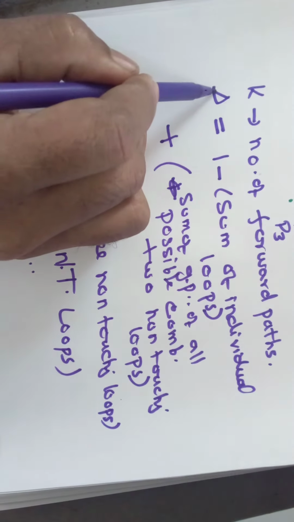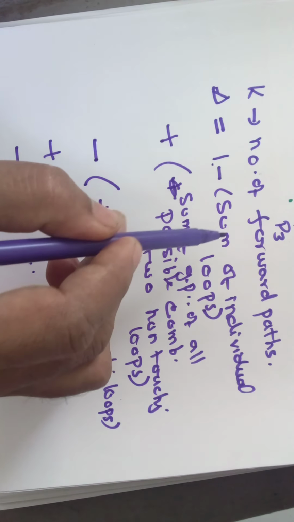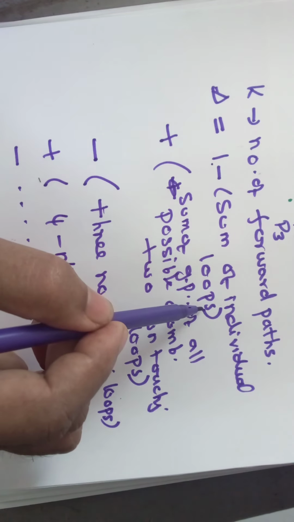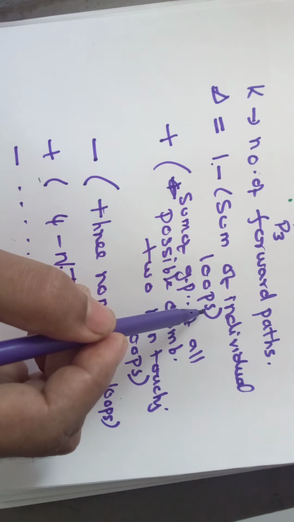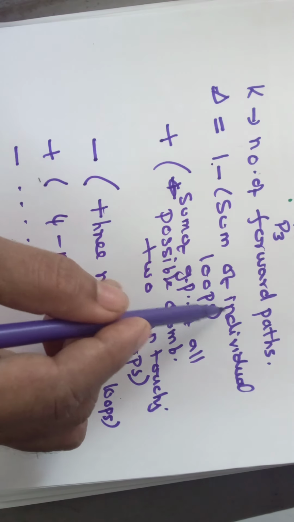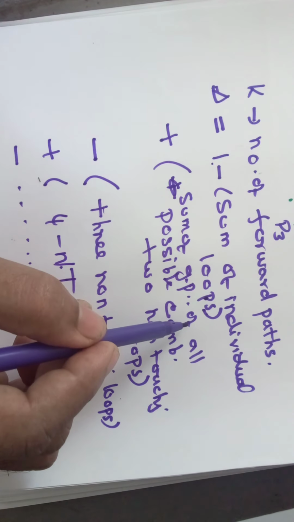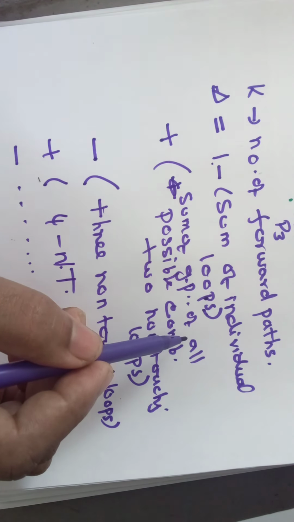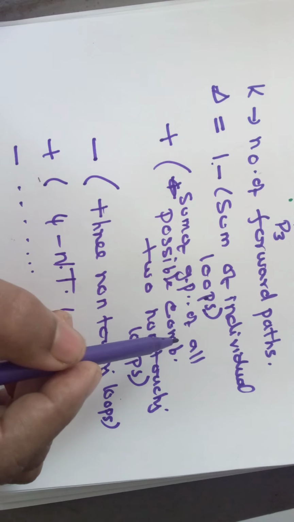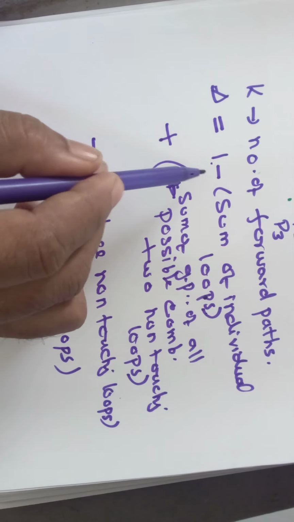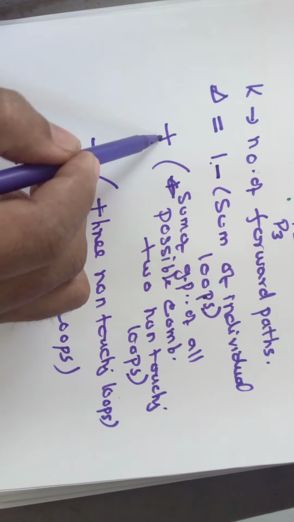So delta means 1 minus sum of individual loop gains, plus sum of gain products of all possible combinations of two non-touching loops, minus... first one is minus, next one is plus, next one is minus.